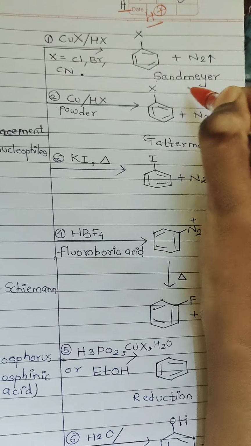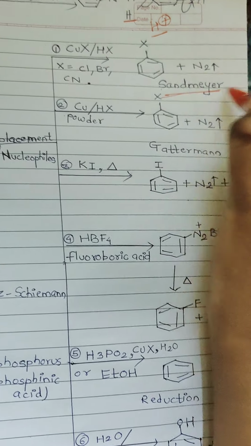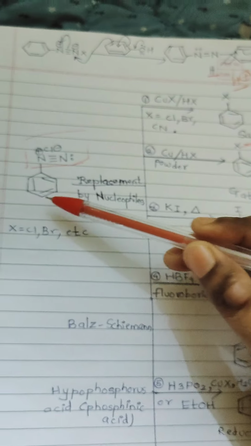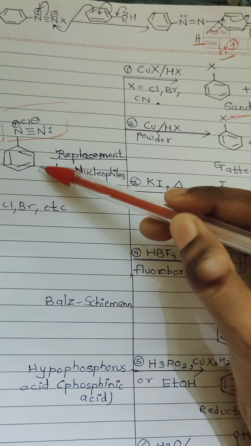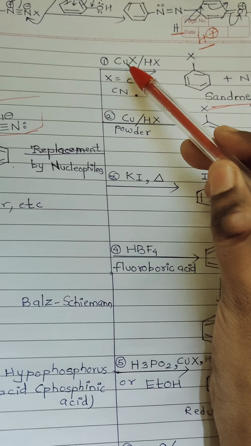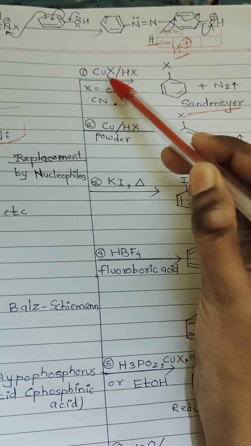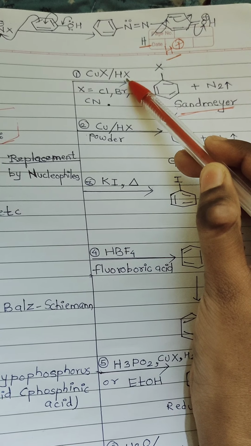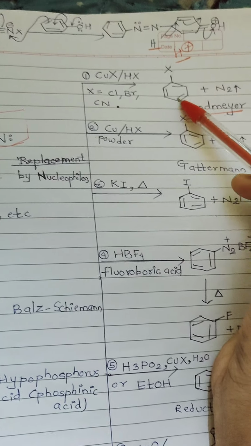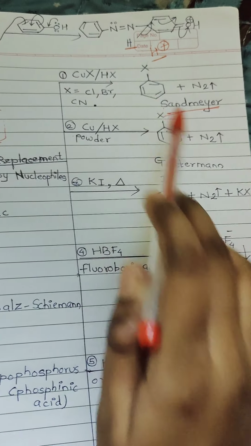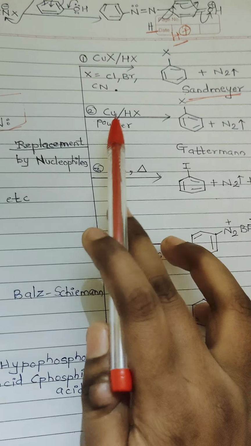This is a very famous reaction, the Sandmeyer reaction. The Sandmeyer reaction can be defined as the reaction of the diazonium salt with the cuprous or Cu1 compound in the presence of an acid, giving aryl halide or aryl cyanide.